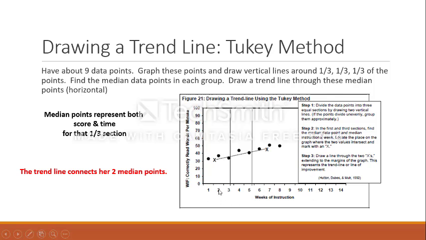So if there's 3 weeks of instruction, it's going to be the 2. And then the middlemost data point here up and down. So as we discussed, the median points represent both the median for the time and the score. The trend line connects two median points, these two here, this one and this one.